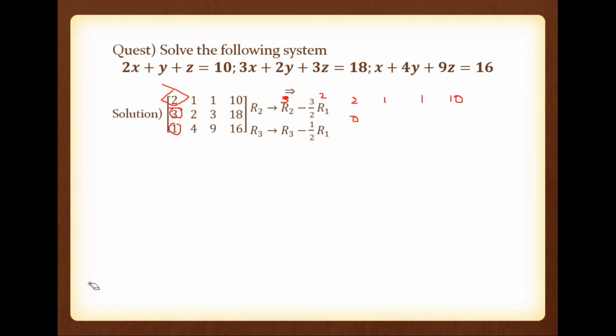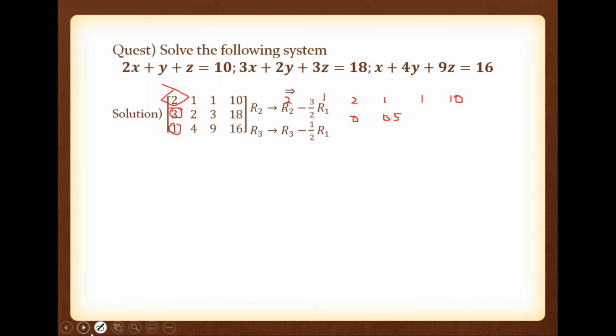Okay. Now the next element of the second row is 2. So substitute 2 here, that is R2 minus 3 by 2 into the corresponding element of R1, which is 1. So 2 minus 3 by 2 into 1. What is the value? 0.5. Right?